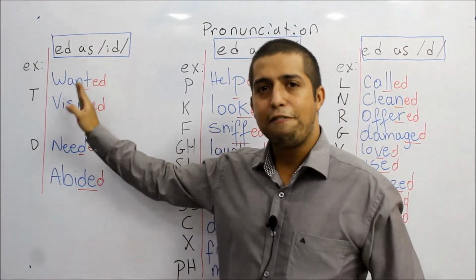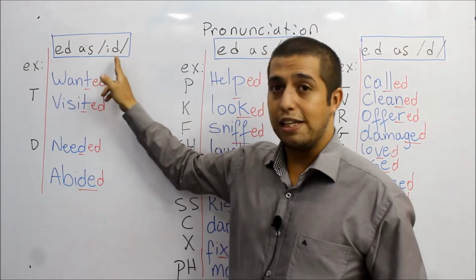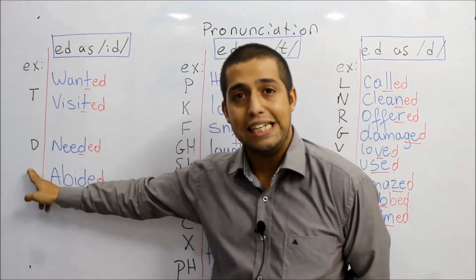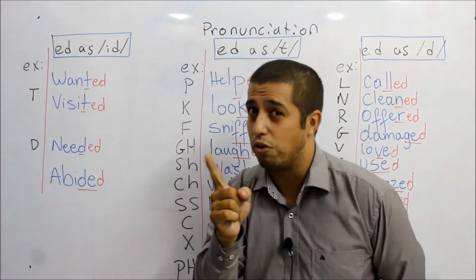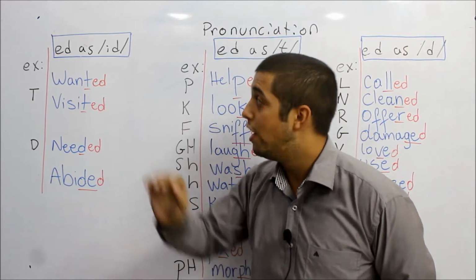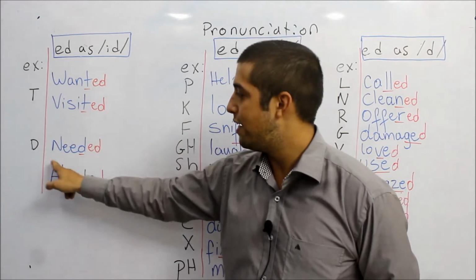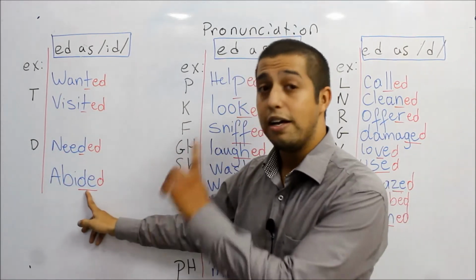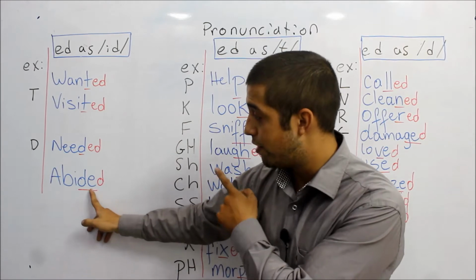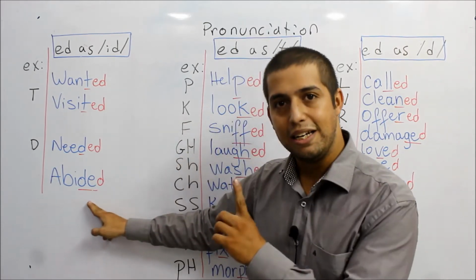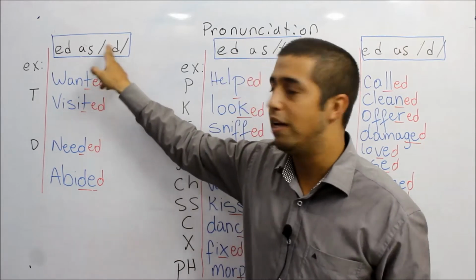Now, ED as id: if the ending is a T or a D sound, and this is a sound, not the letter, like want, visit, need, look at the sound, not the letter. The letter is E, the sound is D. Abide. This will be id.